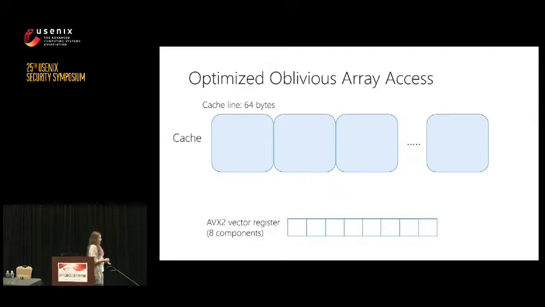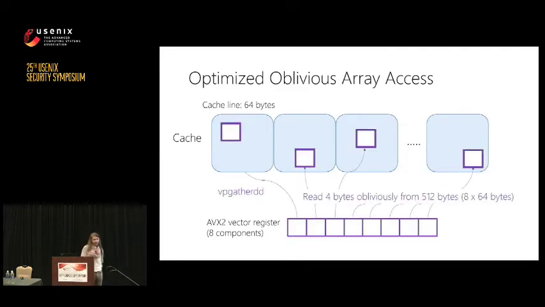So we build on that and instead use vector registers, which are basically 8 components of 4-byte registers. The great thing about them is that you can load the content of the vectors in a single atomic operation, called vpgatherdd. So now we can access 4 bytes out of 512 bytes obliviously, in a constant number of operations, and we do it in 2 steps.